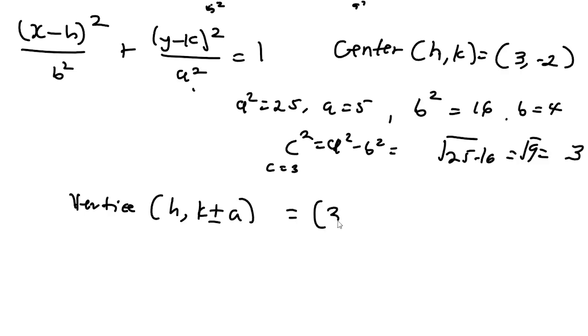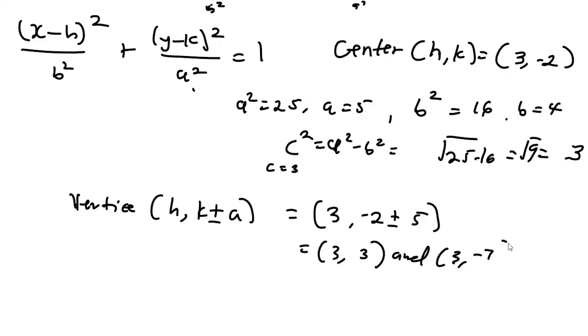Our h is 3. Then we have k being -2 plus or minus a. What is our a? A is 5. So -2 plus 5 will give us 3, and -2 minus 5 will give -7. So we have (3, 3) and (3, -7). That is for the vertices.